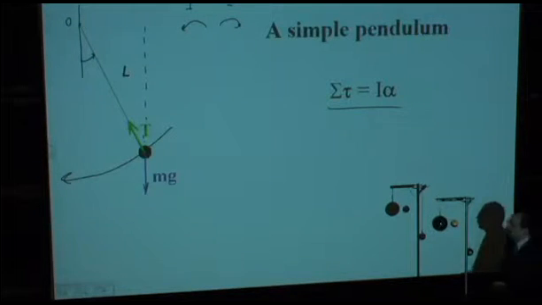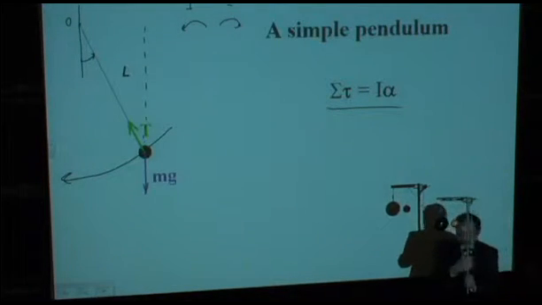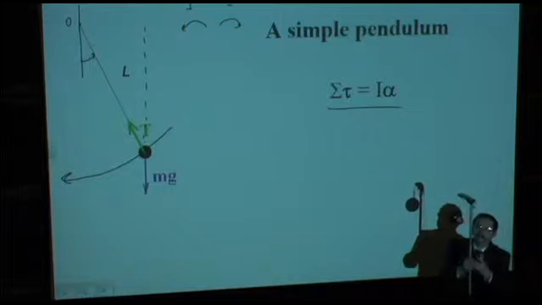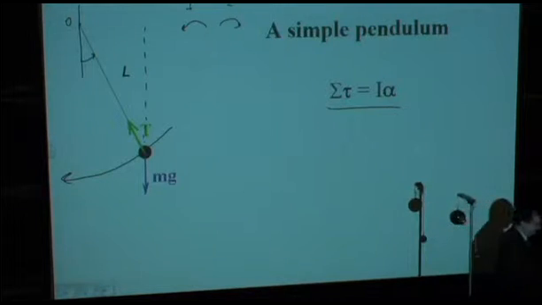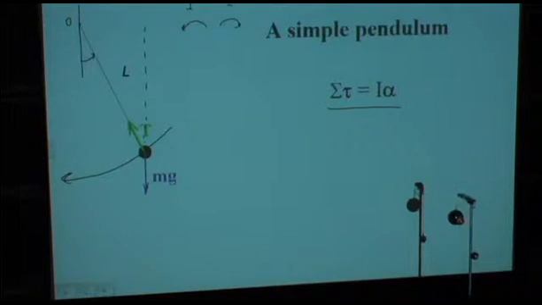So if I release this ball, it's speeding up, and it's moving this way. This way we call clockwise. That's the angular velocity. It's speeding up, which means angular acceleration is supposed to be negative again.